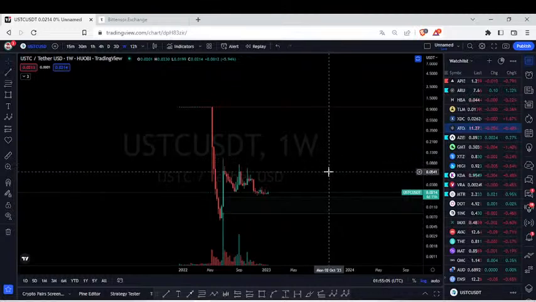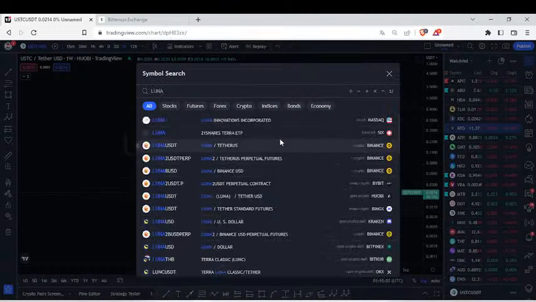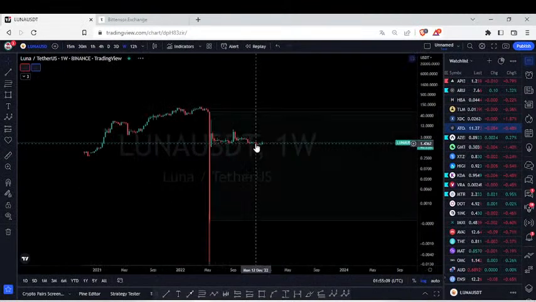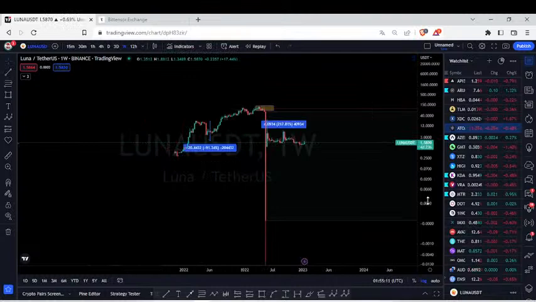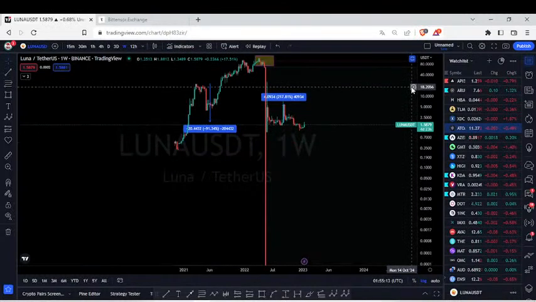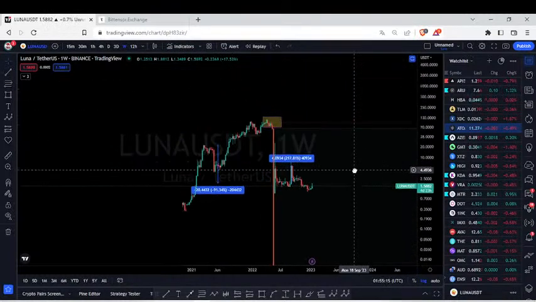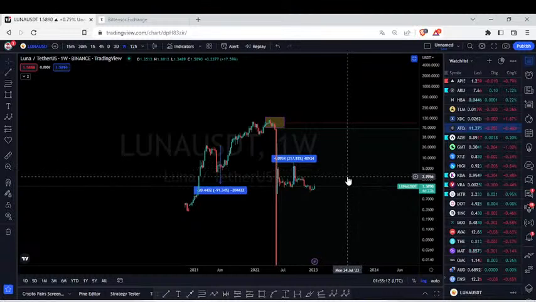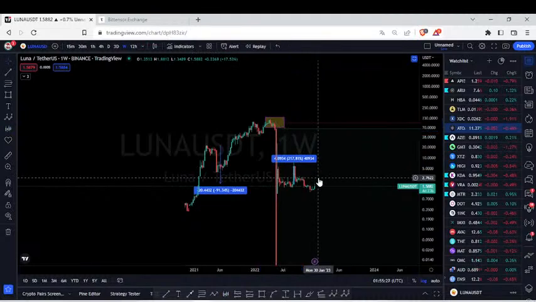Man, this thing is Luna. Honestly, this is just Luna. This thing is gonna be stuck. You know what? It's gonna be stuck for God knows till when. I mean, you can try your luck.